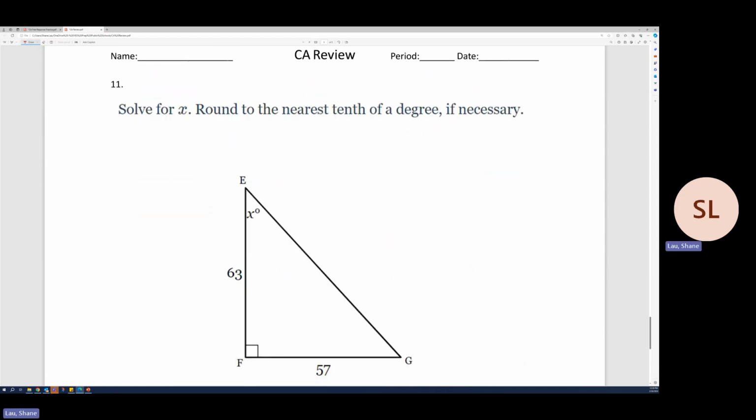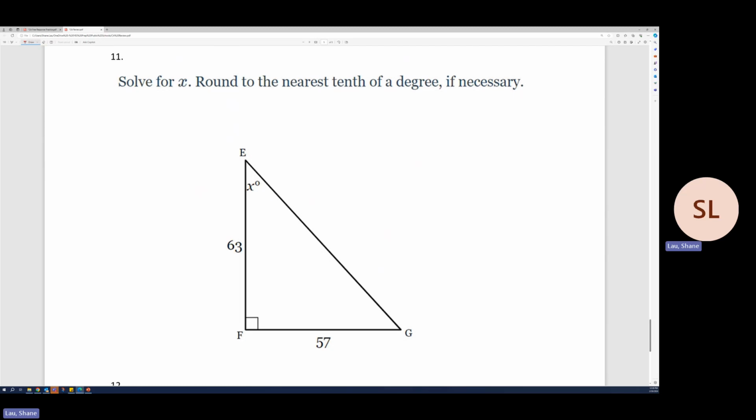Last couple of problems. Solve for x, round to the nearest 10th of a degree if necessary. This problem is an inverse problem, so make sure that you set this up. If I have E with a degree of x, we know that the opposite side of that is going to be opposite.